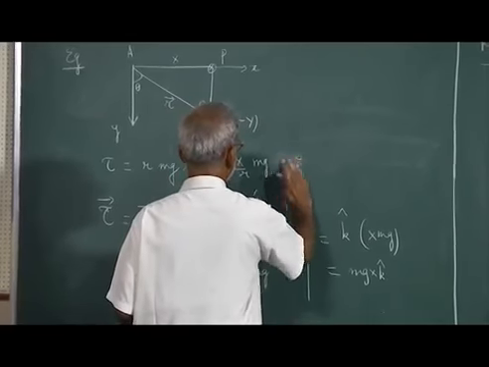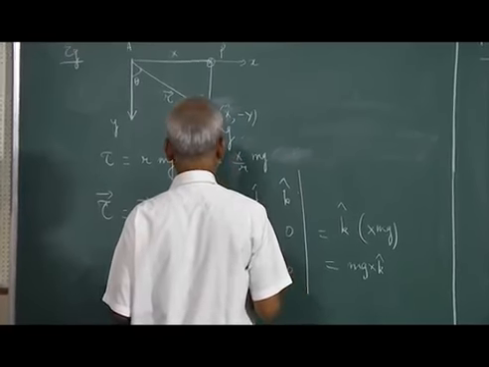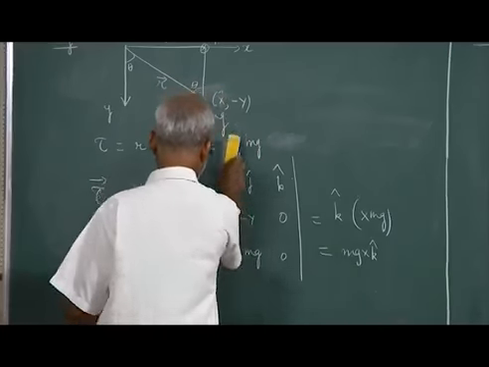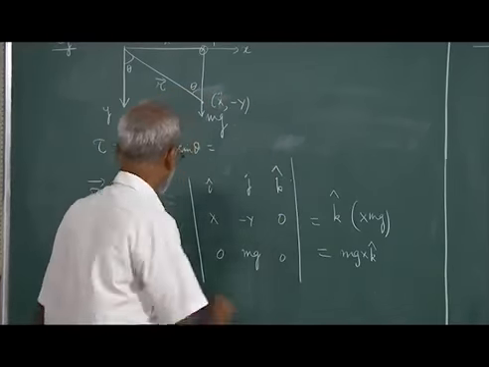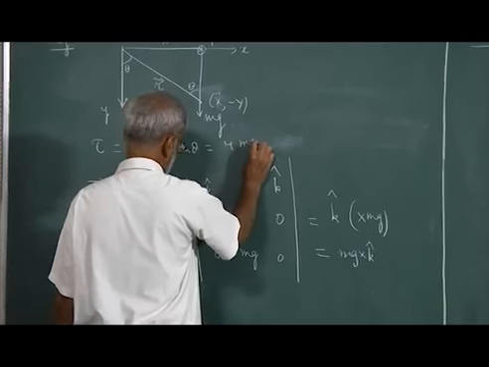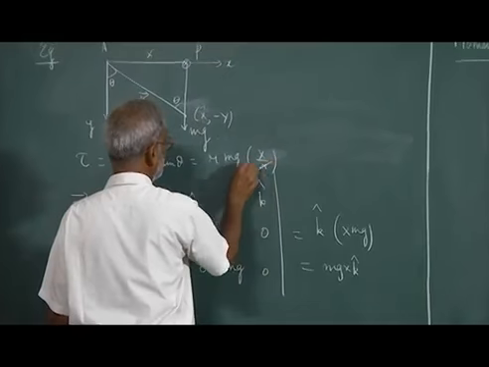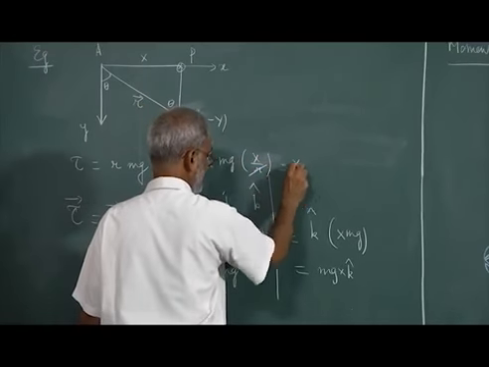I am making some mistake, I will correct it. It's not a big deal. r into mg into sin theta, where sin theta is x by r. r and r will cancel, so I will have x mg.